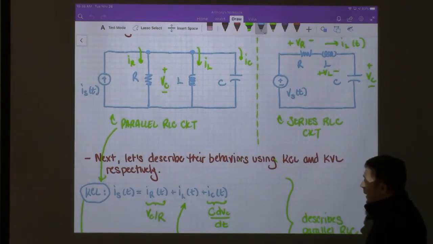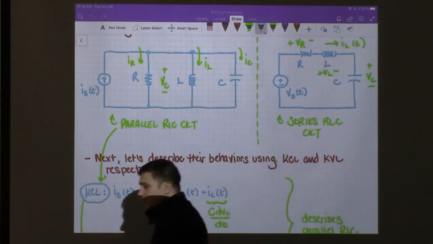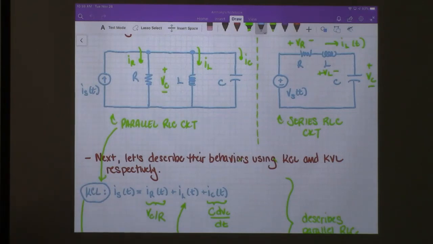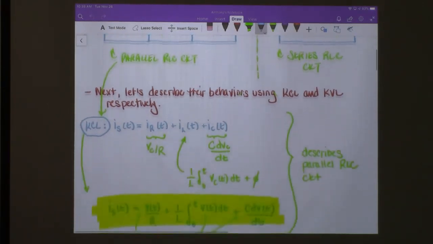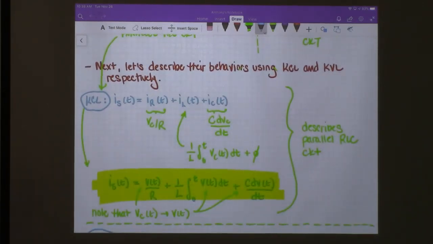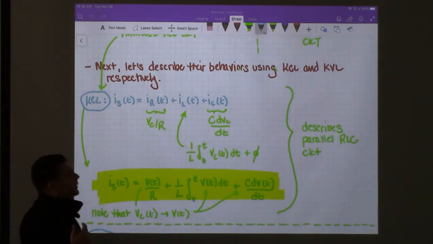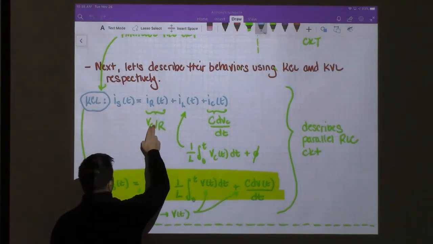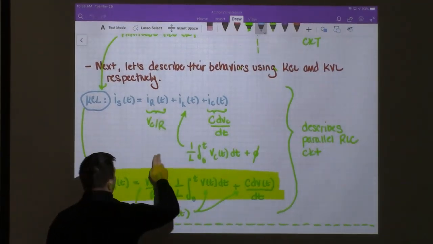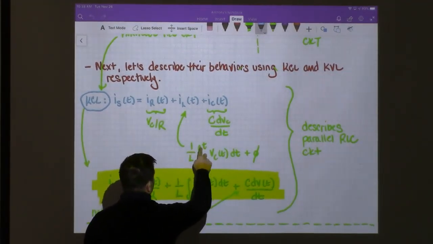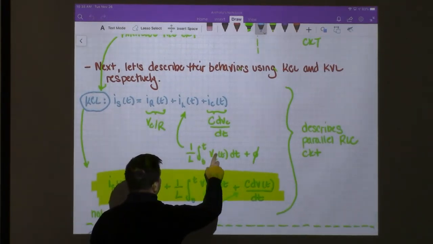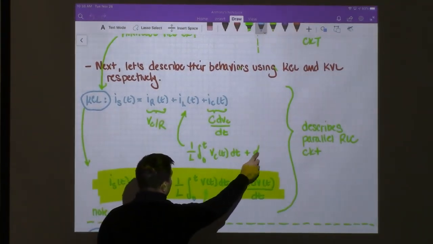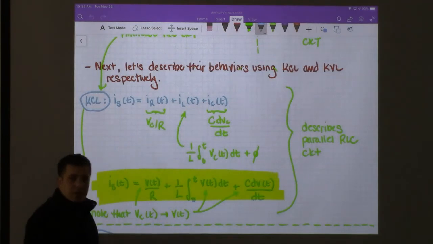Okay. Then we need to make our usual substitutions. So let's substitute using Ohm's Law, as well as the VI relationships for capacitors and inductors. IR is equal to VC over R. IL is equal to 1 over L integral from 0 to t of VC(t) dt, plus, I'm going to assume the initial condition is 0.